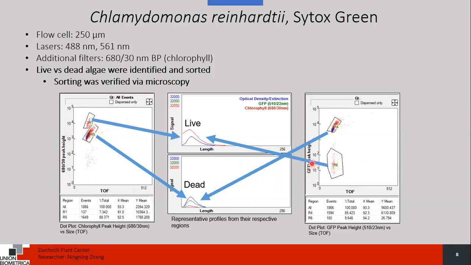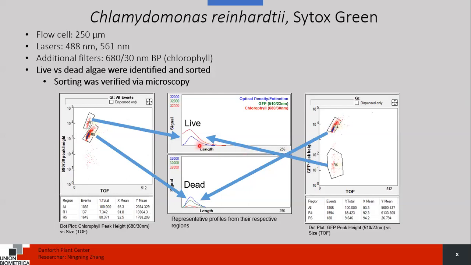Although it says GFP, it's really green fluorescence from cytox green, not green fluorescent protein. So those Chlamydomonas that have high red have low green. Those that have lower levels of red have high levels of green fluorescence.